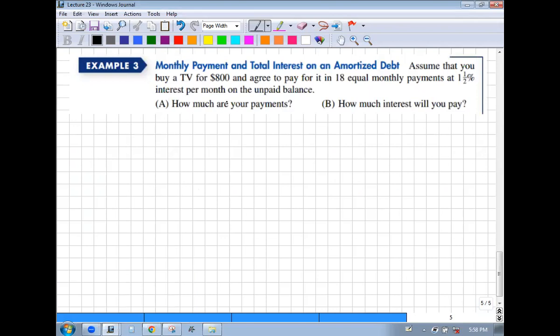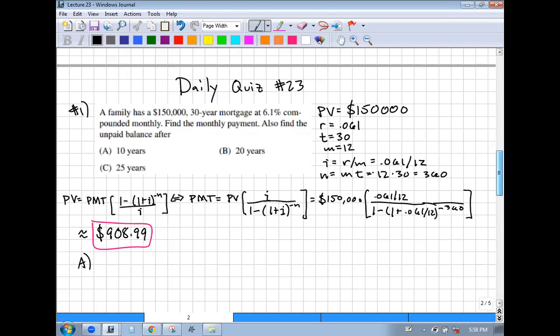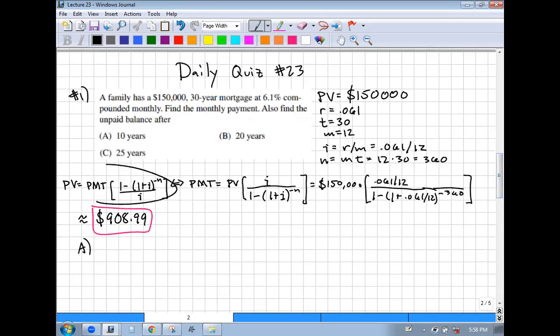Assume that you buy a TV for 800 bucks and agree to pay for it in 18 equal monthly payments at 1.5% interest per month on the unpaid balance. How much are our payments? Well, it's the formula we just used. We start off with this one, but then we solve for the payment.